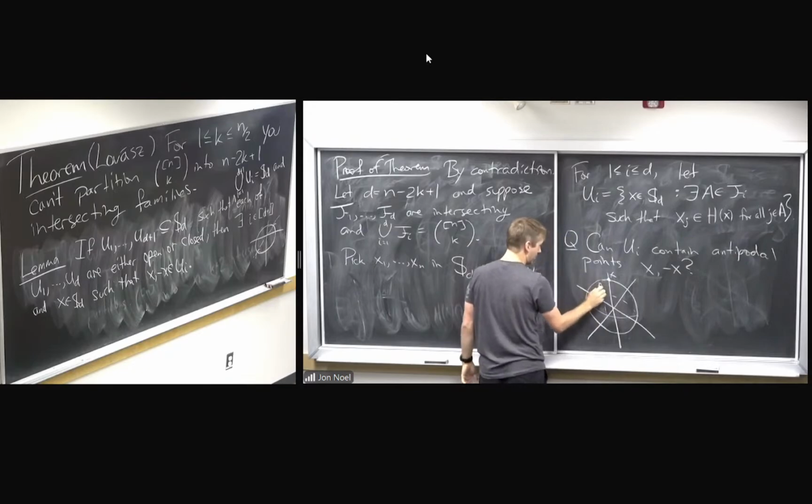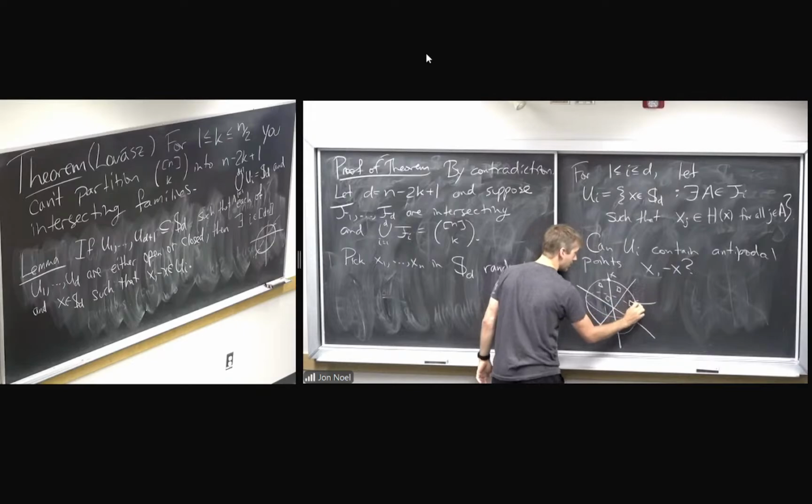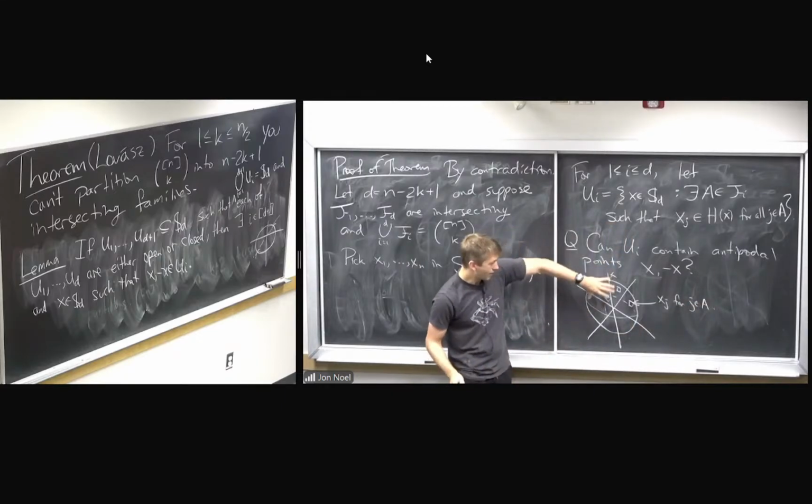I'll write little squares here to mean these are the points xj for j in A, and they're all on the top half.